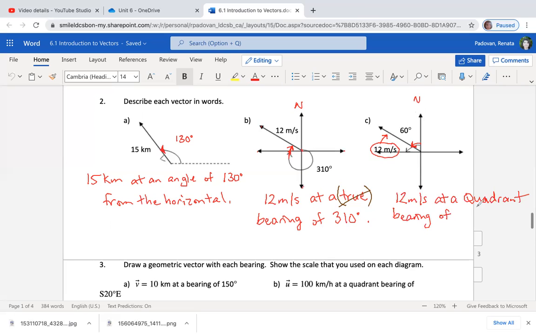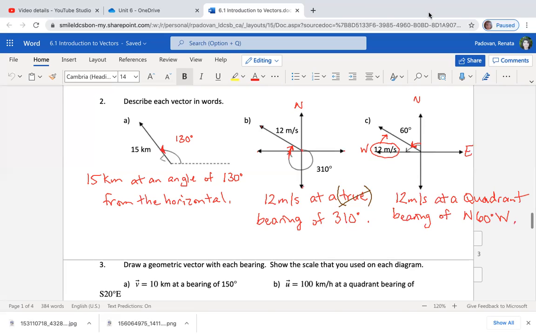So I'm going north, then you put your degrees, 60 degrees, and you were in what direction, remember? West or east. So this is going west. If you need to label it, go ahead. Label whatever you need to, as long as you're not getting something wrong, right? The more information, the better then. So I'm at 12 meters per second at a quadrant bearing of north, 60 degrees west.